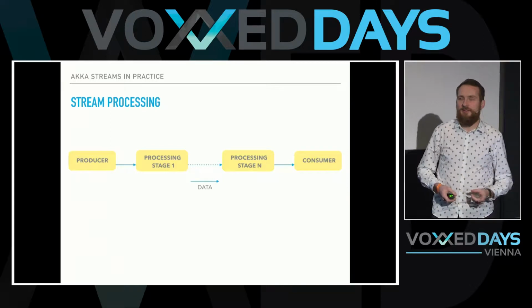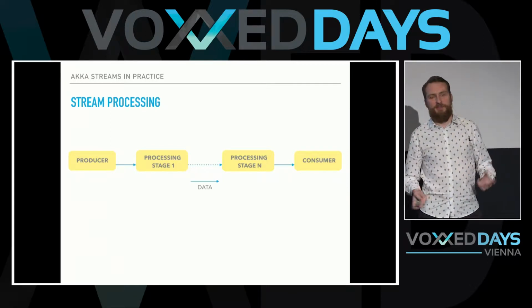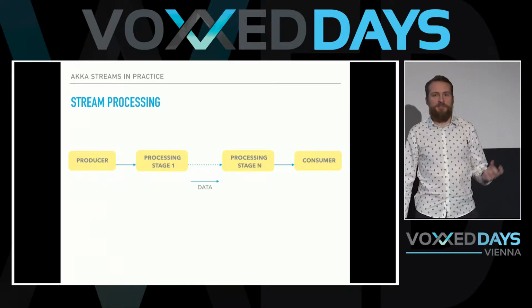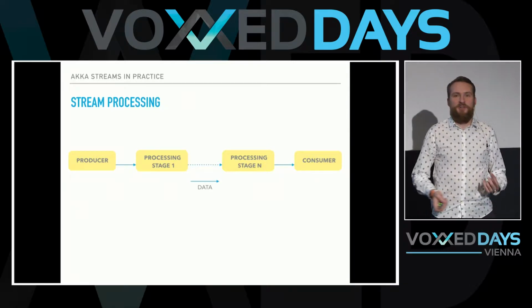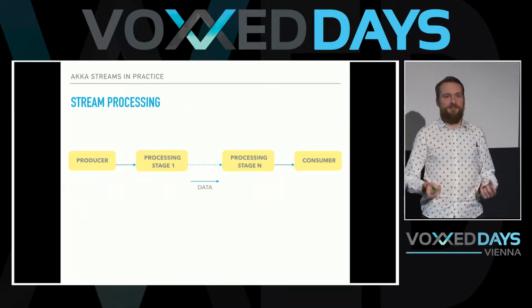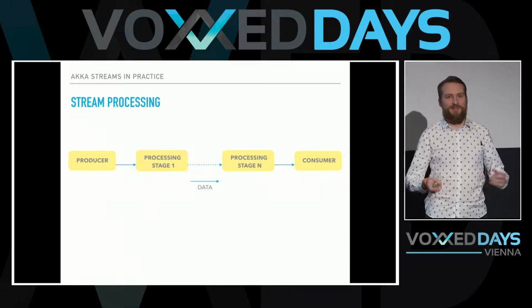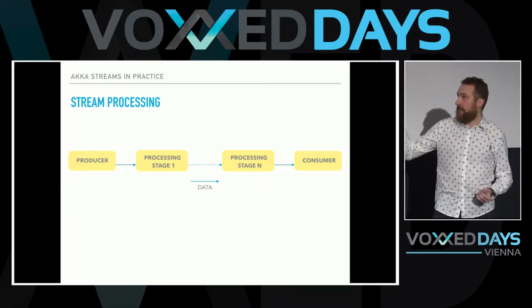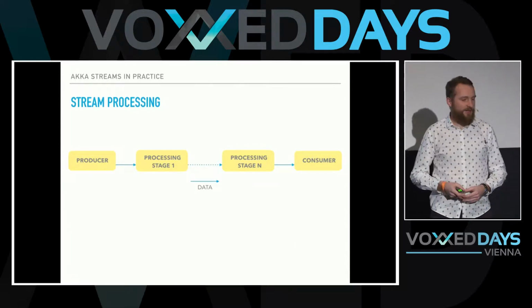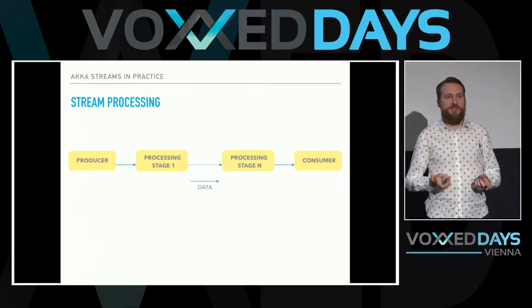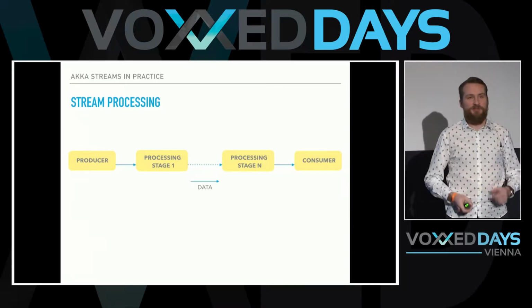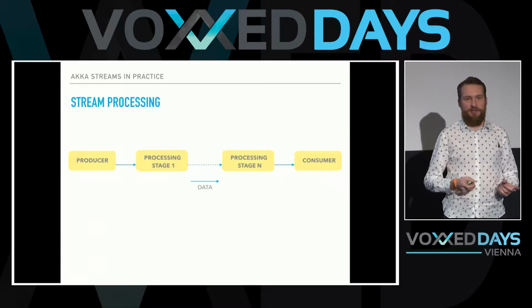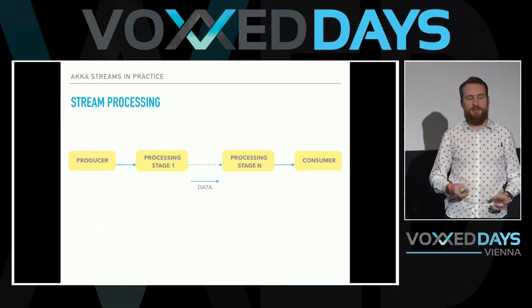So you may think this is everything. But actually in Akka Streams, which is an implementation of Reactive Streams, we have some additional concepts here. If you've heard about reactive processing, reactive is basically about non-blocking. That's the bottom line of reactive processing: not to block when you don't have to. If you imagine such a stream processing pipeline, you can think about two kinds of scenarios. The first scenario is when the producer is pretty slow and the consumer or the processing stages are fast.